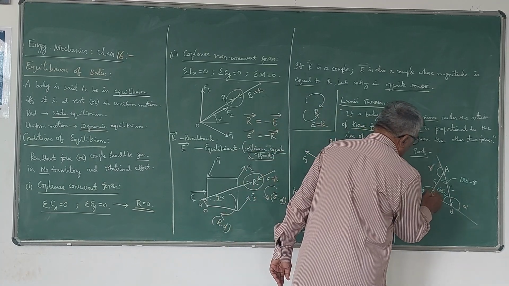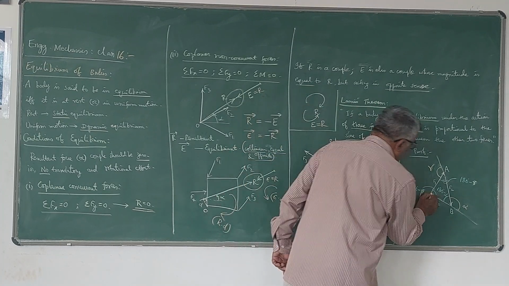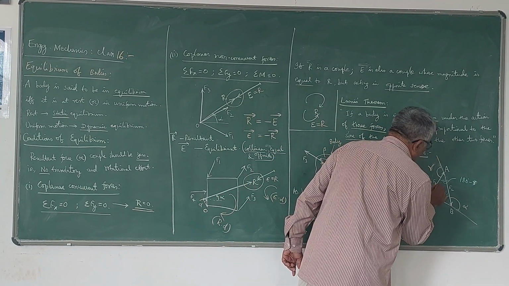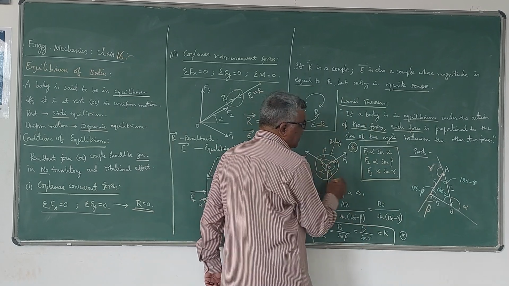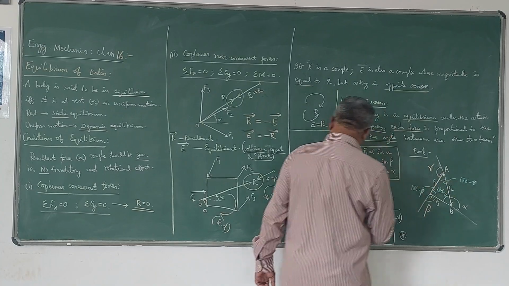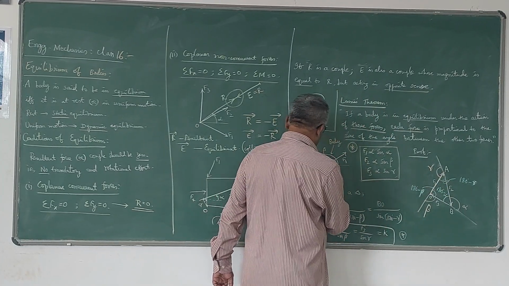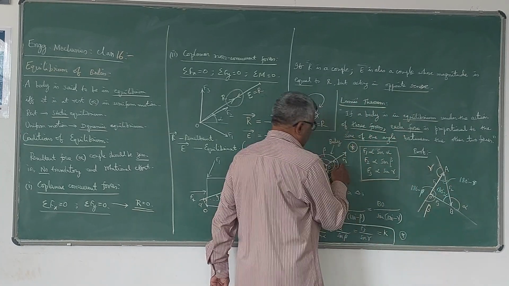So I will draw a line in the direction of F1. You will be knowing the angle with respect to the horizontal, so just draw that line. So OA represents F1.